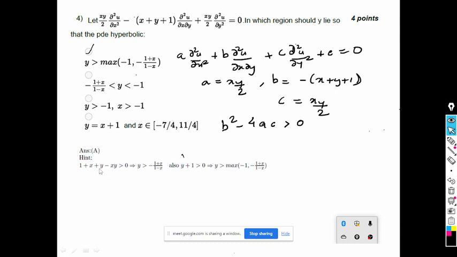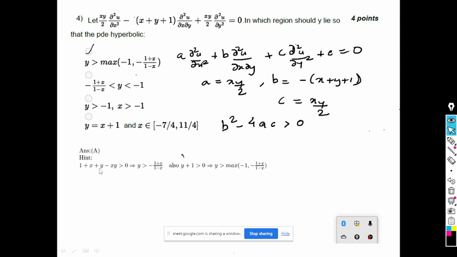So this is the next question. Which representation is correct for del u by del t equals alpha del square u by del x square plus beta times del u by del x, if we use central difference for space and forward difference for time?